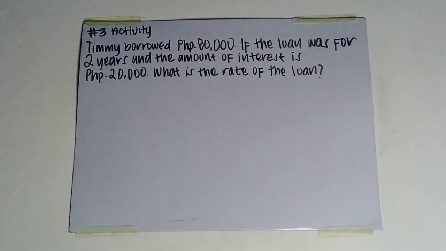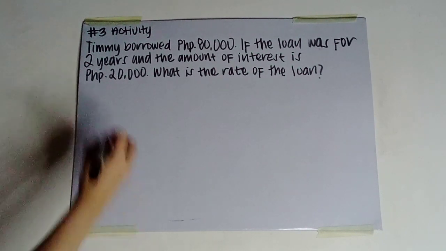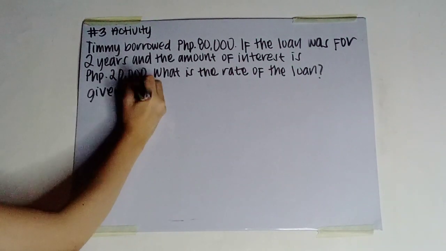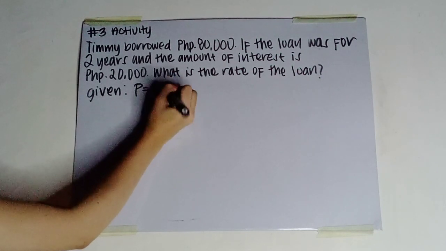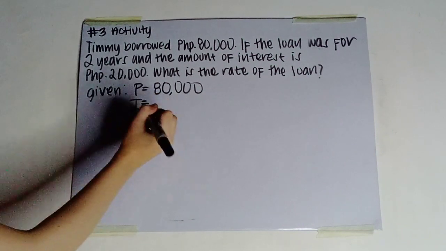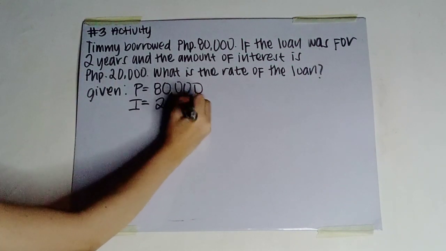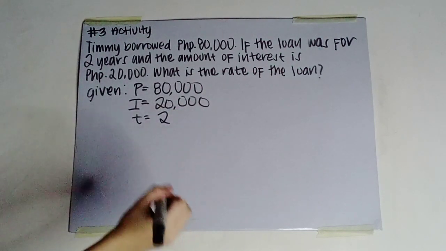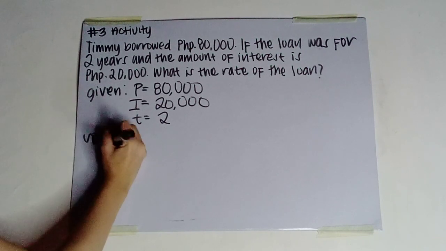Next, activity number 3. Timmy borrowed 80,000 pesos. If the loan was for 2 years and the amount of interest is 20,000 pesos, what is the rate of the loan? Okay, write the given. P is equal to 80,000 pesos. I is equal to 20,000 pesos. And time is equal to 2 years. Then write the solution.